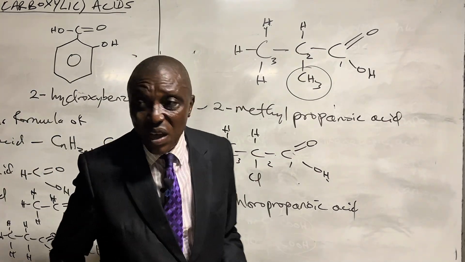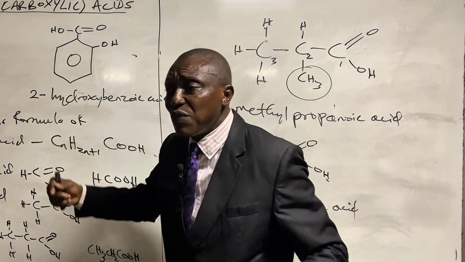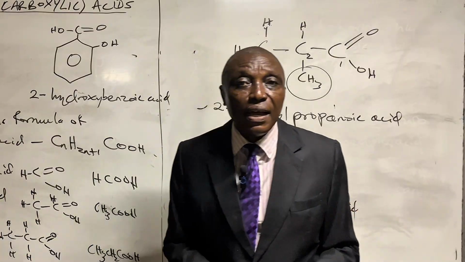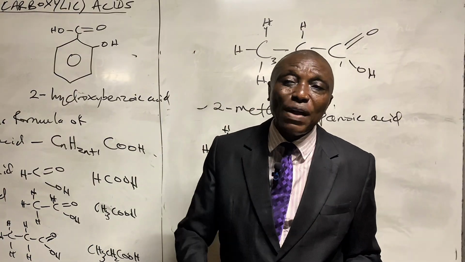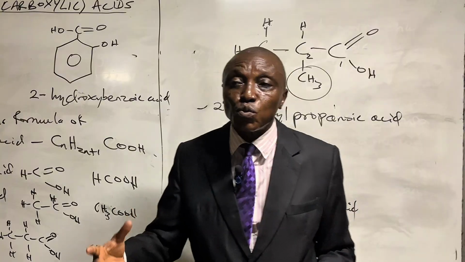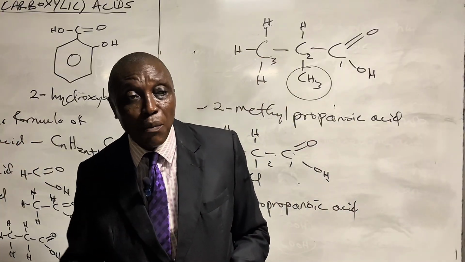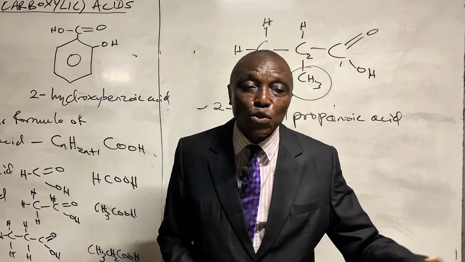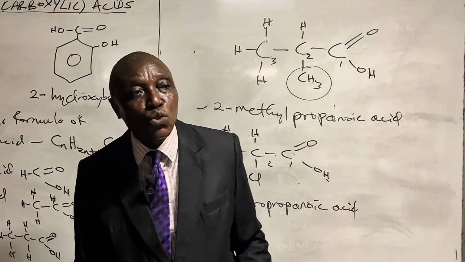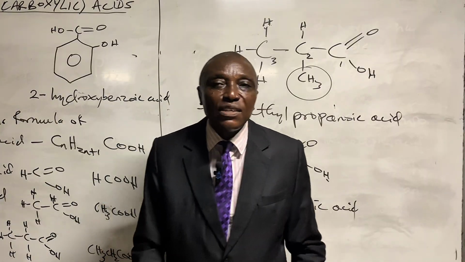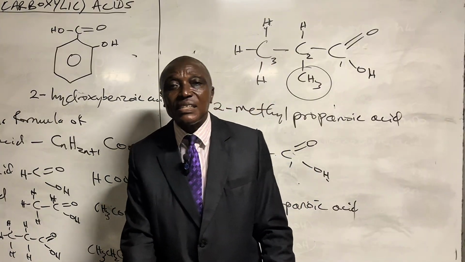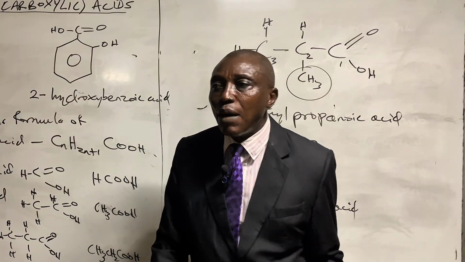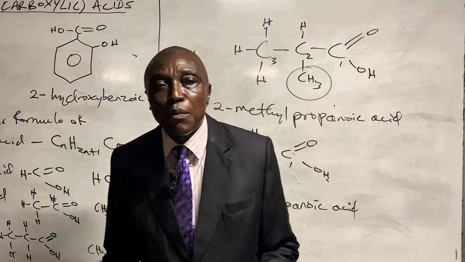So in this class, we have been able to identify the functional group of alkanoic acid, then classify alkanoic acid into three major groups: monocarboxylic acid, those having one carboxyl group; dicarboxylic acid, those having two carboxyl groups; and tricarboxylic acid, those having three carboxyl groups.